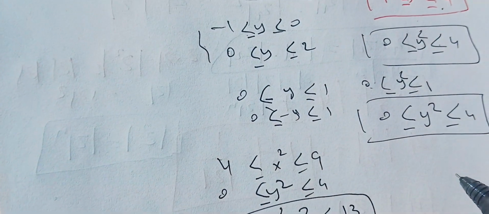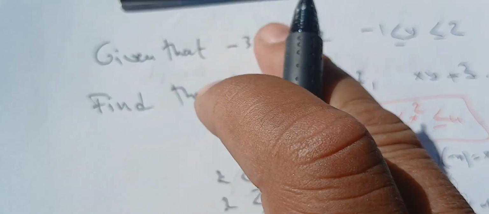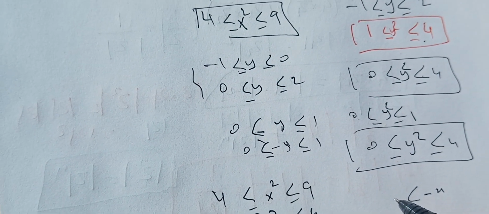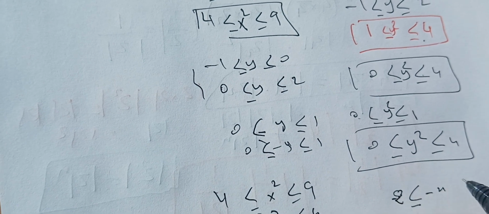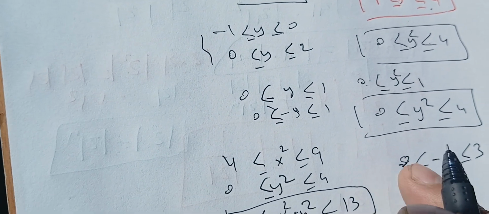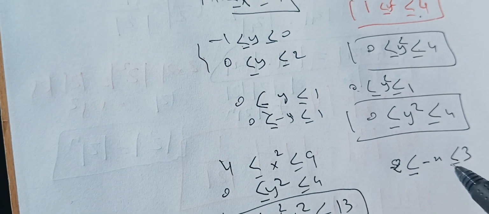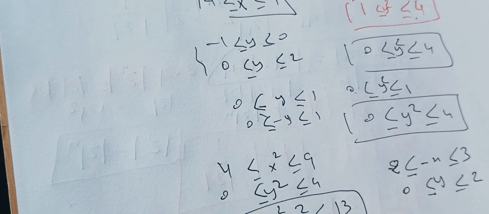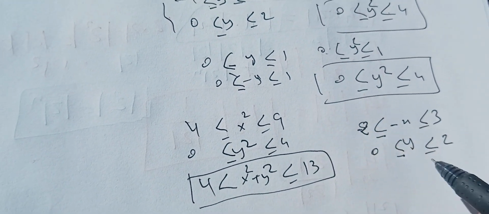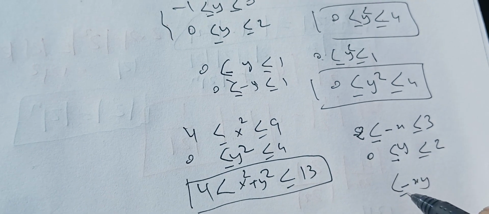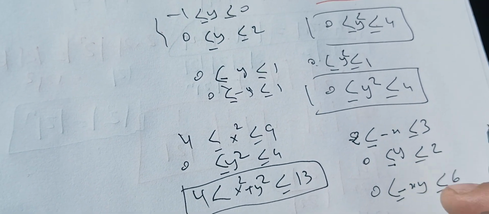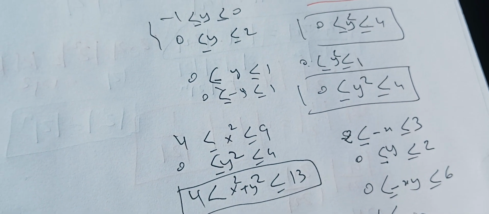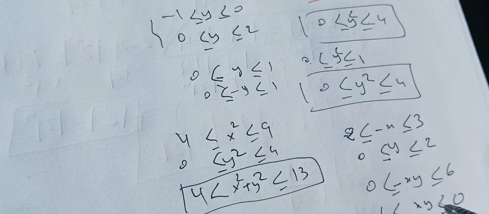So x is between -3 and -2, so we have minus x is between 2 and 3. For the y, first case is y between 0 and 2. Now these two numbers are positive. We can just multiply. We get minus xy is between 0 and 6. And multiplying by minus sign, we get xy is between -6 and 0.